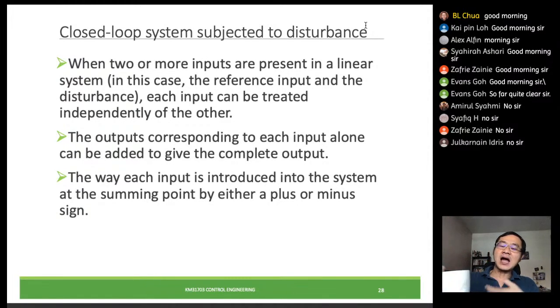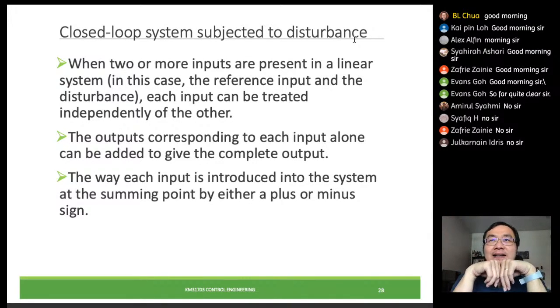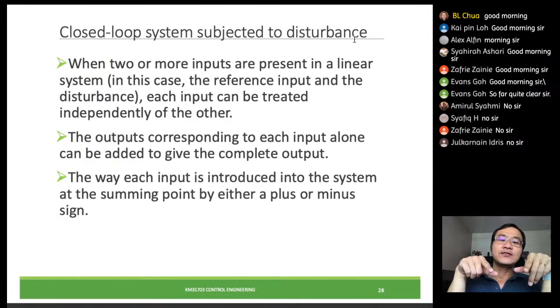So how the system will react, that is our main intention. The disturbance can come in the form of a direct parallel with the input.